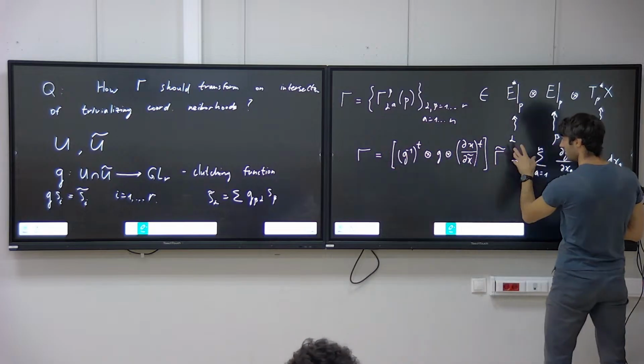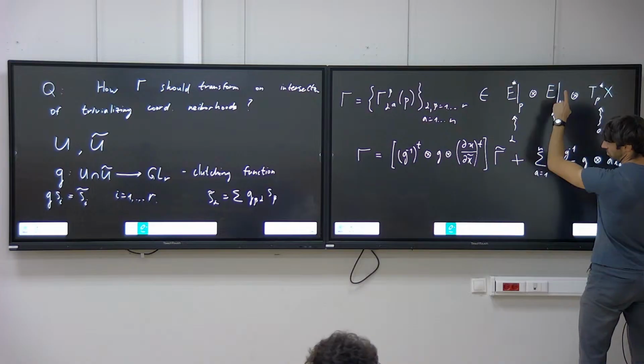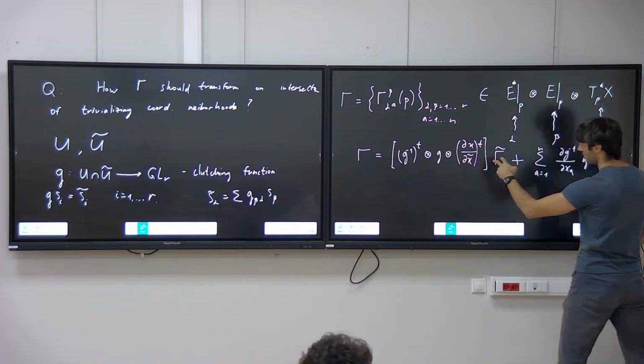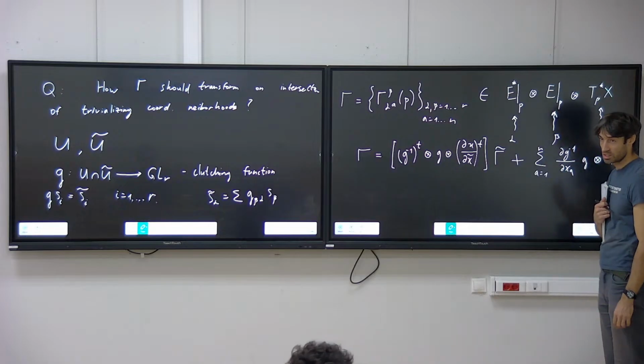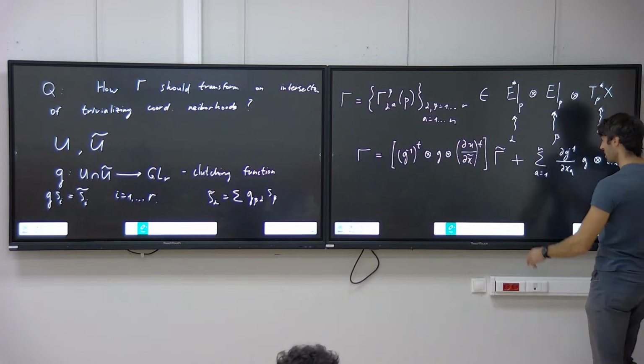Then this is applied to the index which I put in here, to beta, and this one is the Jacobian of the transformation from one coordinate to another, applied to index A. That's what it means. I just don't want to write a lot of sums, so I write it in tensor notation.